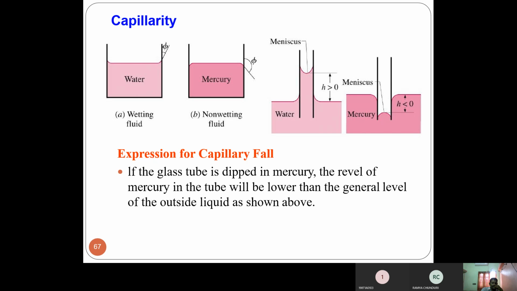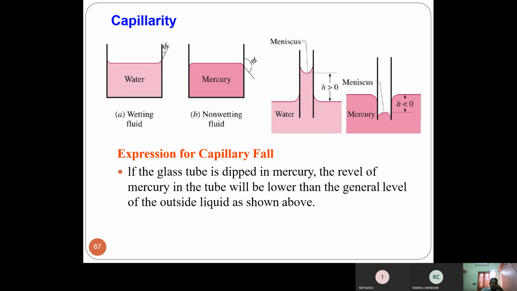Expression for capillary fall. See, in two beakers, we are taking water in one vessel, and mercury in another vessel. In both beakers, we are dipping two glass tubes, which have both openings, the top side and bottom side. One is inserted in water.